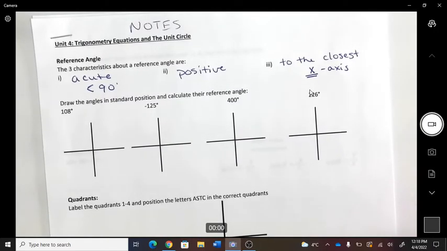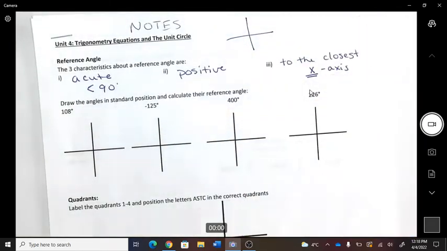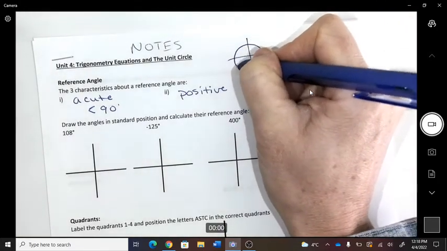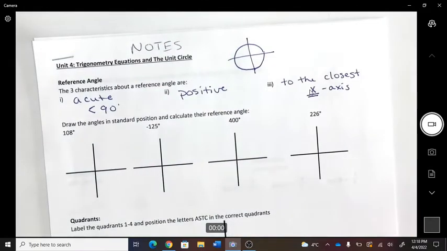Okay, when we draw angles, it's kind of like a clock. Angles are like thinking about a clock, except that we don't start like a clock.